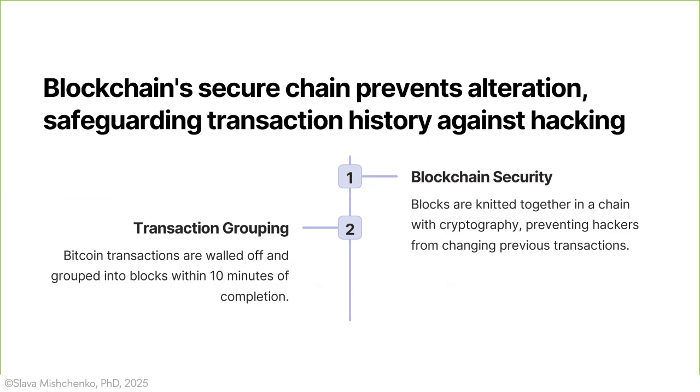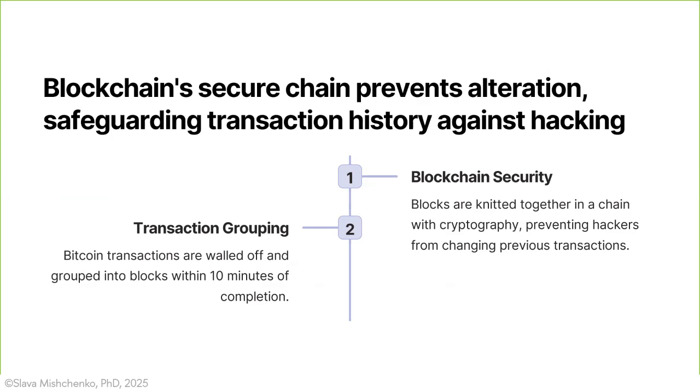Every 10 minutes, all completed Bitcoin transactions are gathered together and sealed into what we call a block. It's like taking a snapshot of all the financial activity that happened in that time window. Once the block is sealed and added to the chain, it becomes permanent.